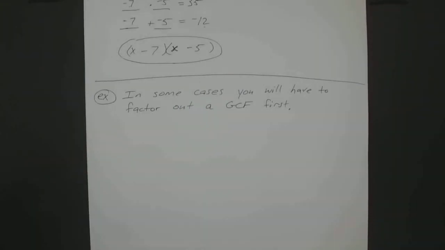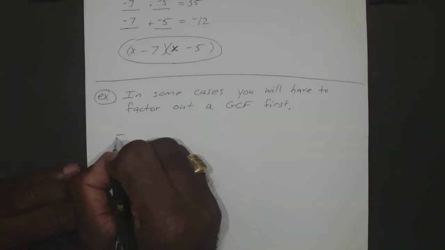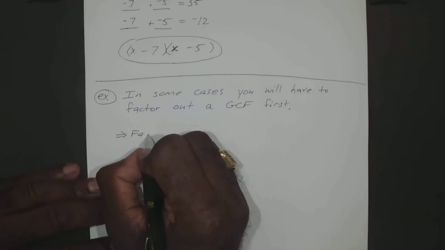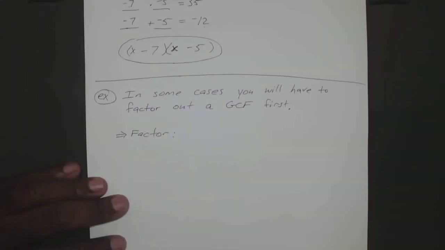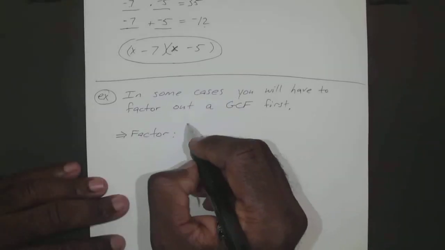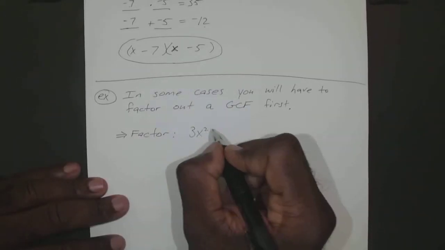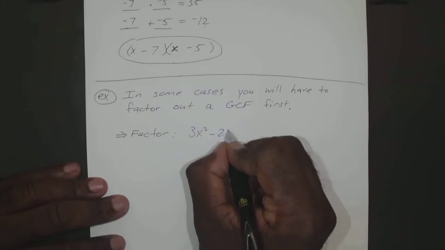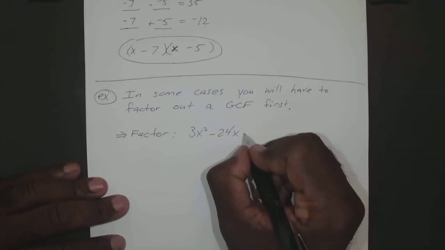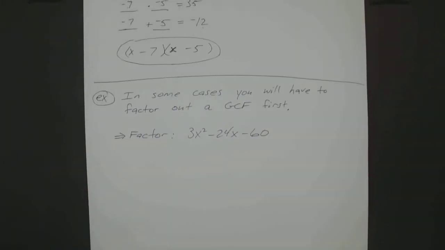So let's say you wanted to factor, let's pick a good one, say 3x squared minus 24x minus 60.